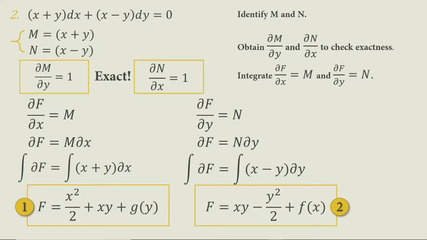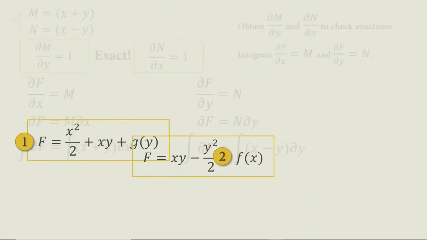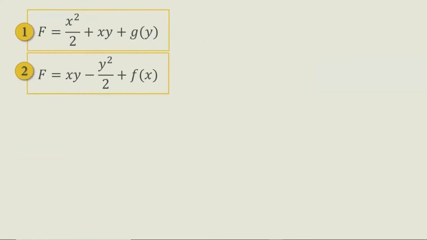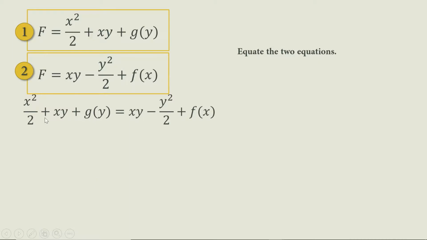Magiging f is equal to xy since x dy, integration of x dy is equal to xy since x is constant, minus y squared over 2 since y dy, integration of y dy is y squared over 2, plus f of x. And then, combining these two equations, we have to equate x squared over 2 plus xy plus g of y is equal to xy minus y squared over 2 plus f of x.